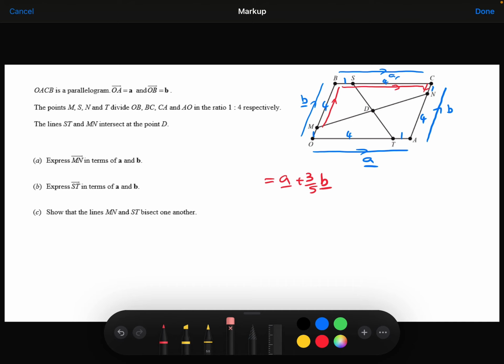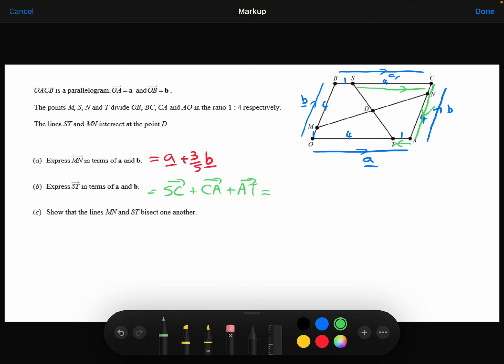So let's now move to part B of this question, where we want S to T. So S to T is that, which I'm going to think of as being S to C plus C to A plus A to T. Now the S to C, that's 4/5 of the vector A. The C to A is just minus B, because it's the same size as B but in the opposite direction.